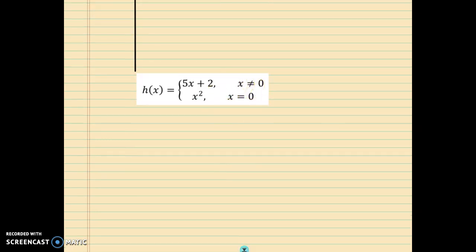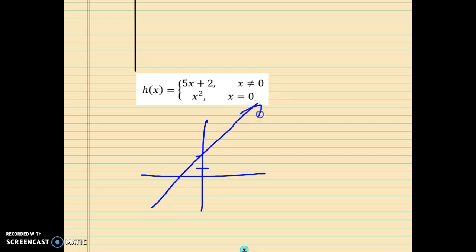The last one I put here, you just have to be familiar with the notation. You have that 5x plus 2 is what we're going to use when x is not 0. So if we were graphing that, the line would look something like this, except that at 0, this one would have a gap.